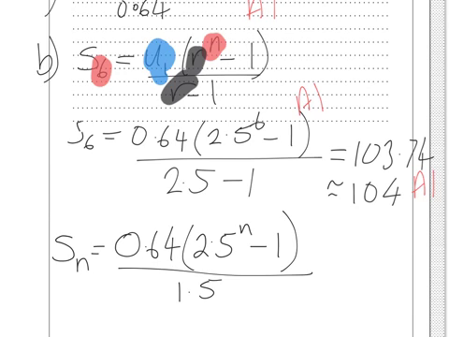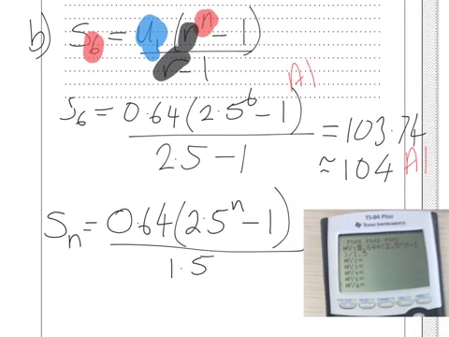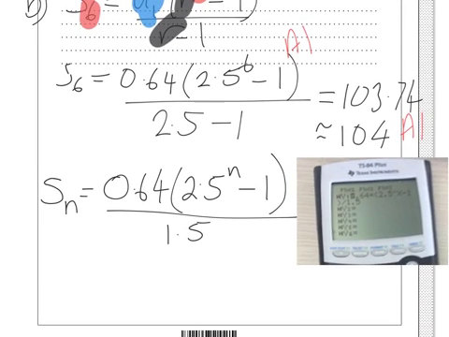So the sensible thing to do is to stick that into your calculator. And that will look something like that. The only real difference is I've replaced the n with an x. And then I'm going to use the table function on the graph button to get me a table of values.